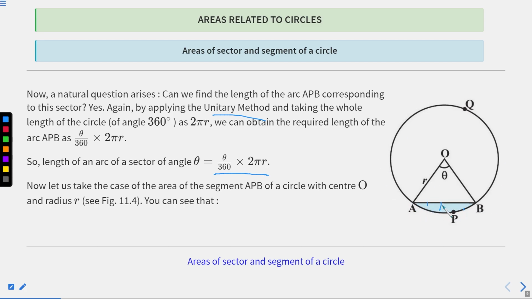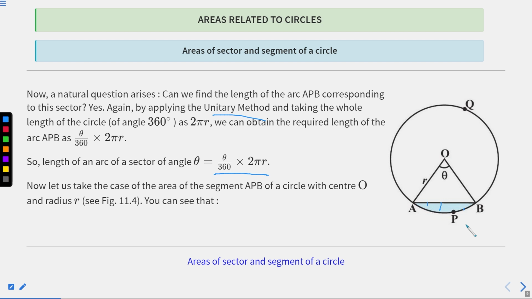Okay, this is a segment of a circle, and here AB is a chord of this circle. We need to find the area of the segment APB of a circle with center O and radius r.